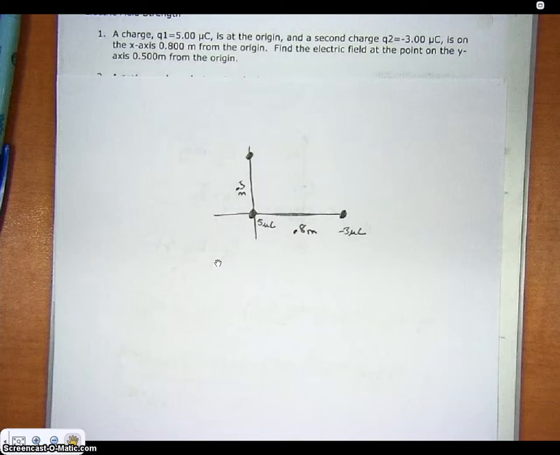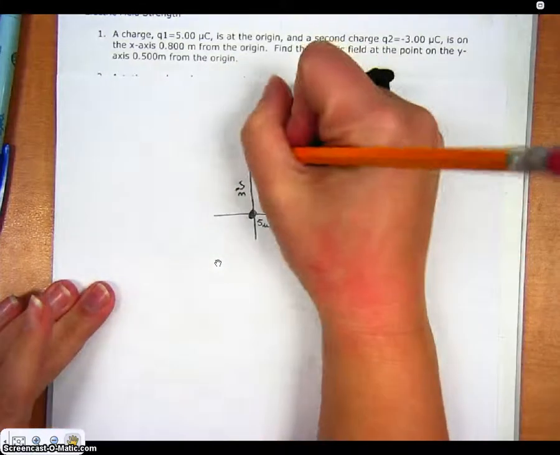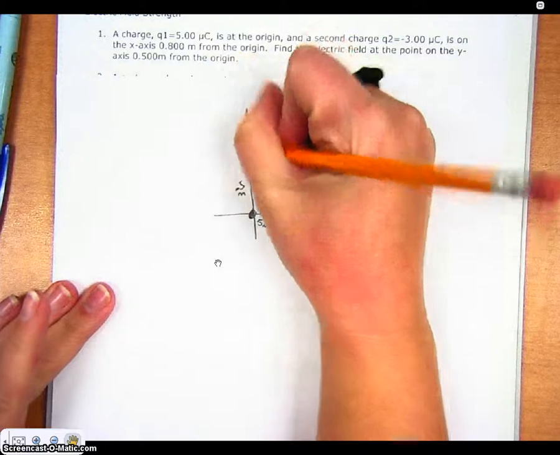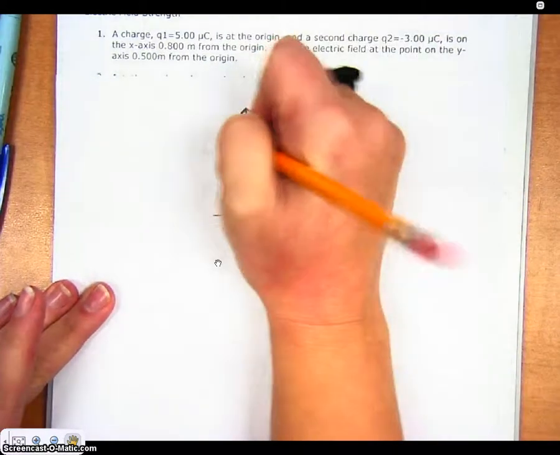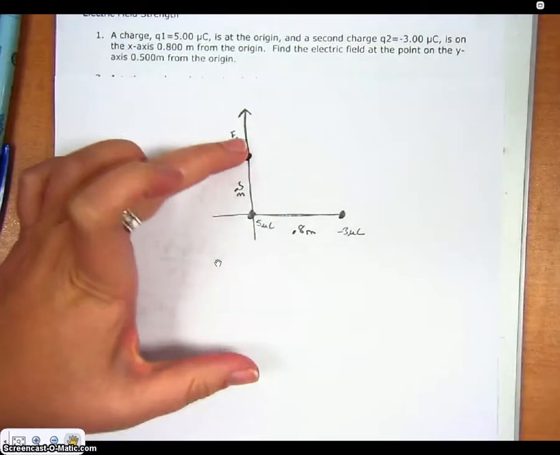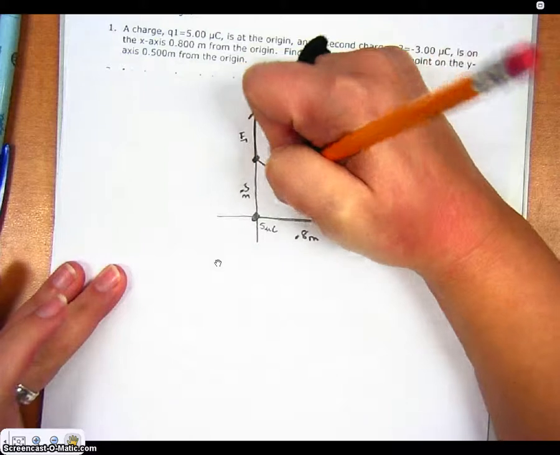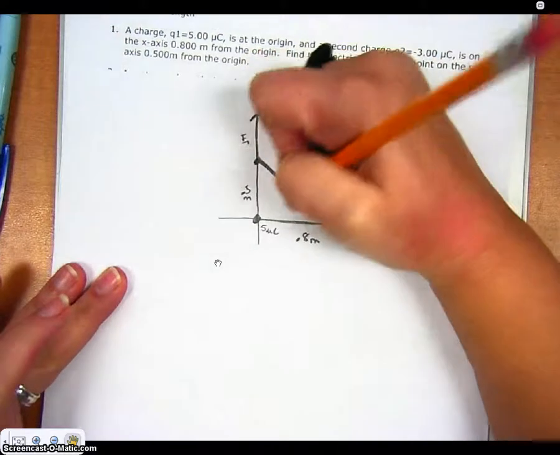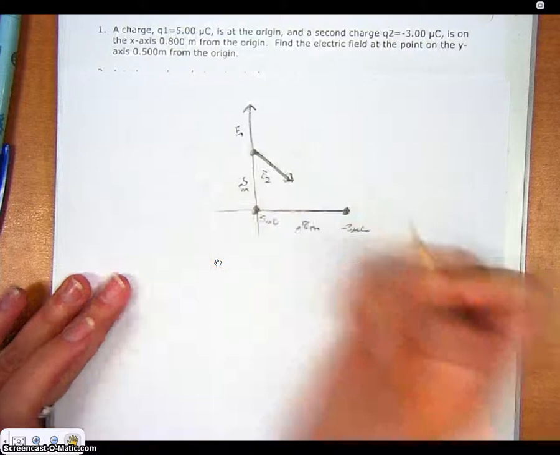The electric field at this position as a result of the positive charge would be straight in this direction. So that's E1. And then here there's an electric field that points towards the negative. So this is E2.